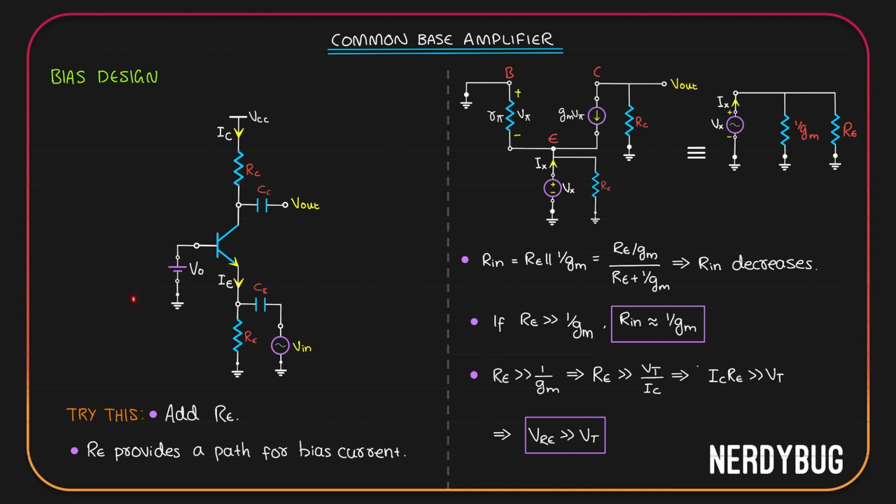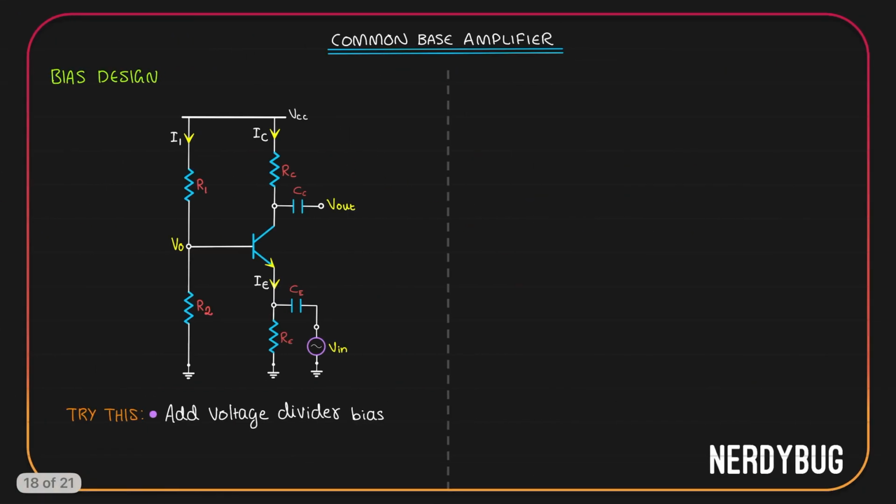Now, instead of adding V0 directly at the base for biasing, let us try using a voltage divider. I have connected R1 over here and R2 over here. I am calling the current passing through R1 as I1. Now, I1 passes through R1 like this, and some part of it will go into the base. The rest will pass through R2.